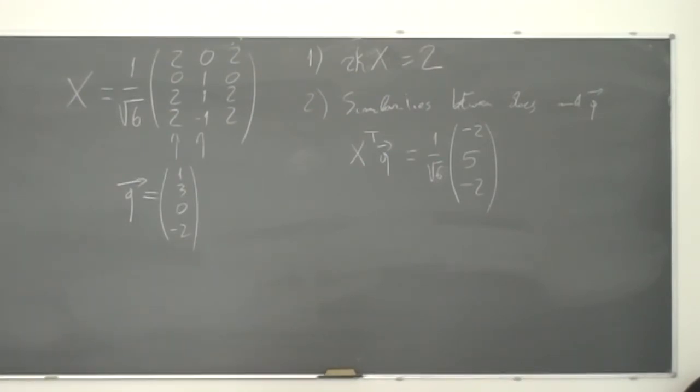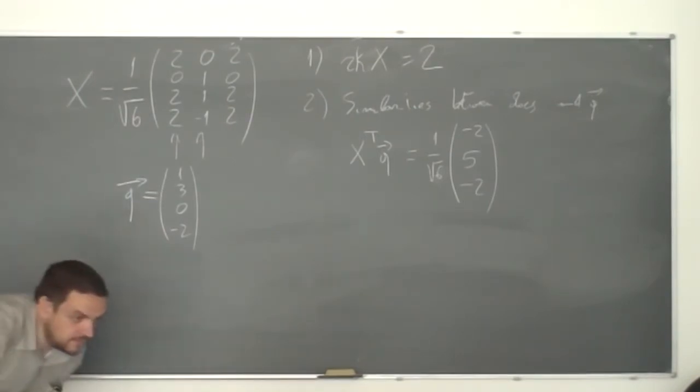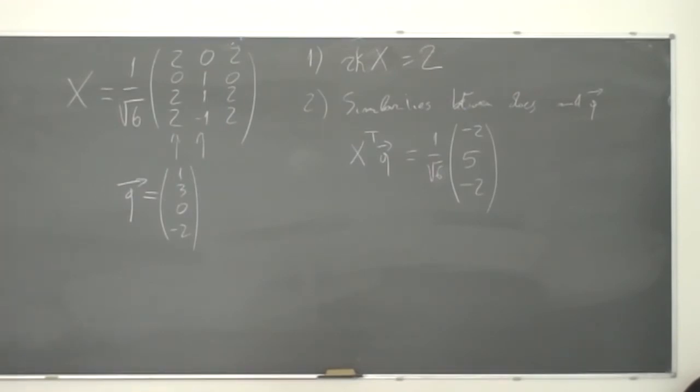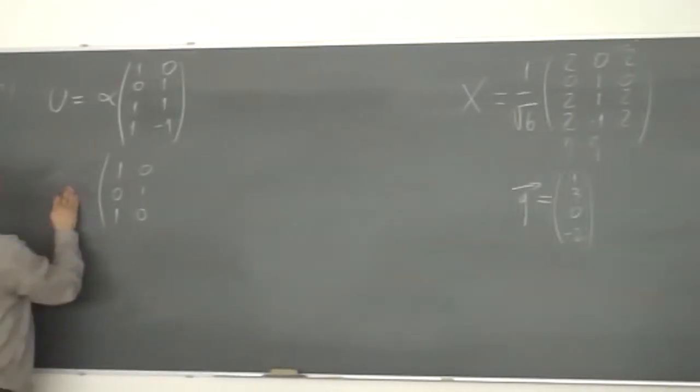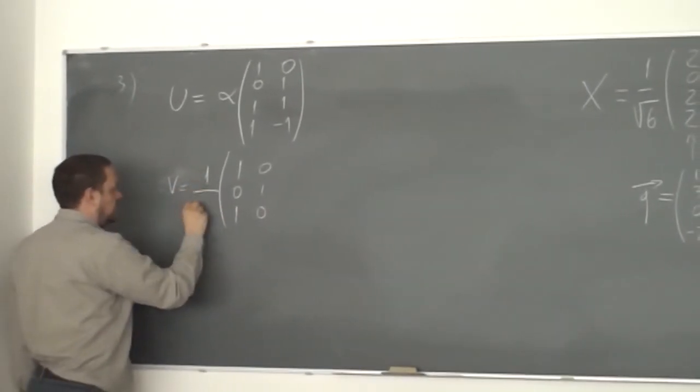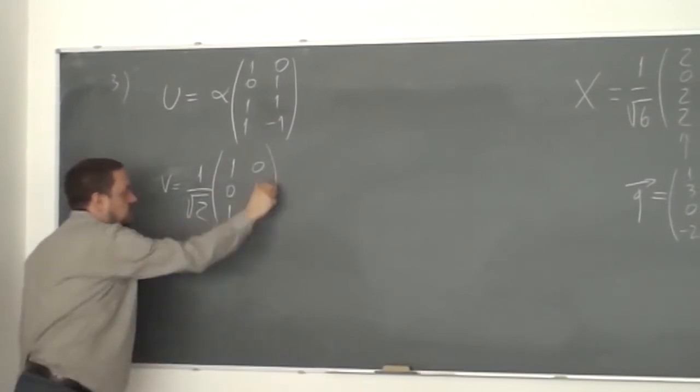And let V be the matrix 1, 0, 1 and 0, 1, 0. V is 1 divided by square root of 2 times this.